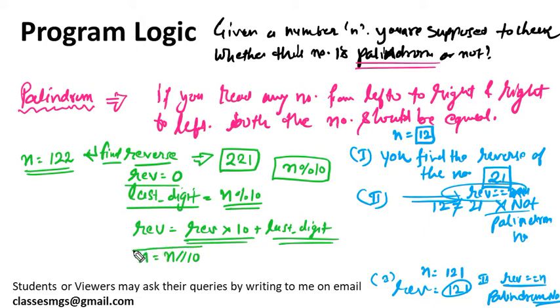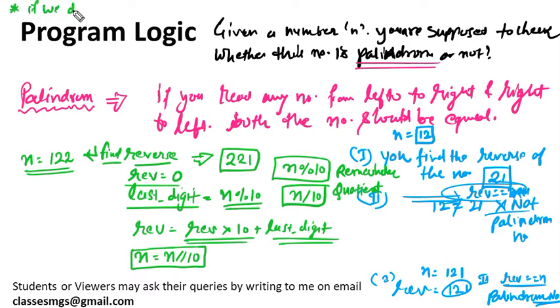N // 10 means if you divide any number by 10, then the quotient will be the number after removing the last digit. So this formula you should remember.